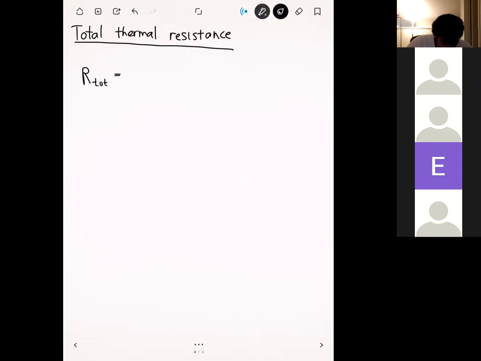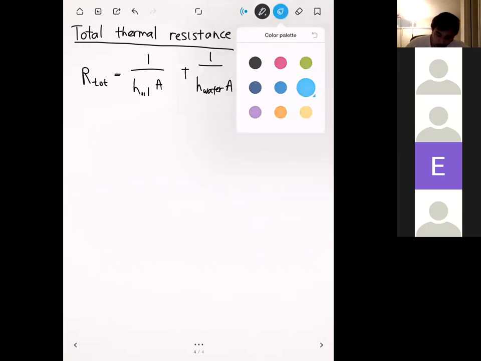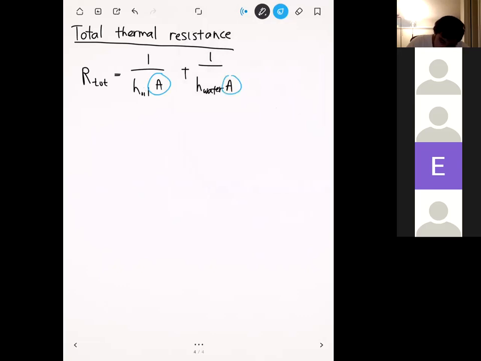In this case, we're ignoring the conduction resistance of the pipe in between, so the total resistance is just the convection resistance of the two fluids: 1 over h_oil times A plus 1 over h_water times A, where A is the surface area of the pipe that separates the two fluids.